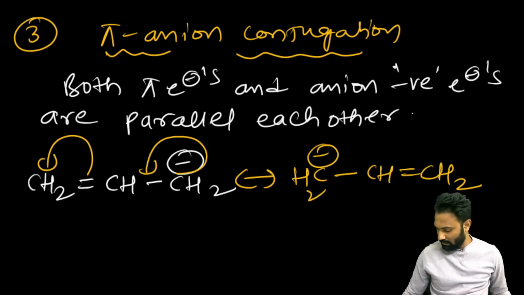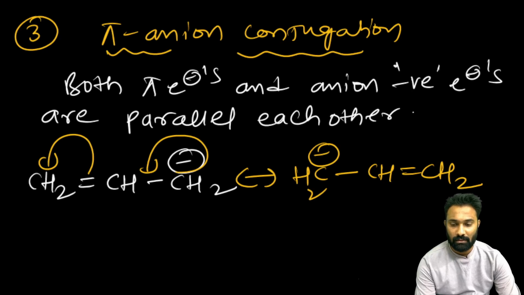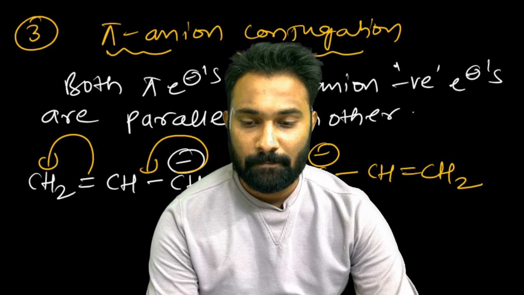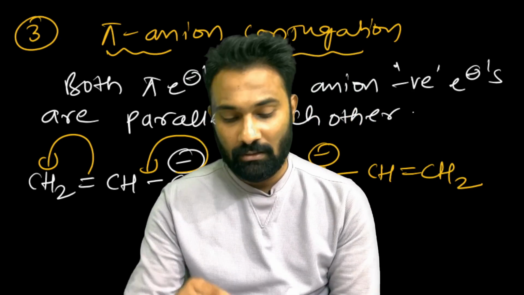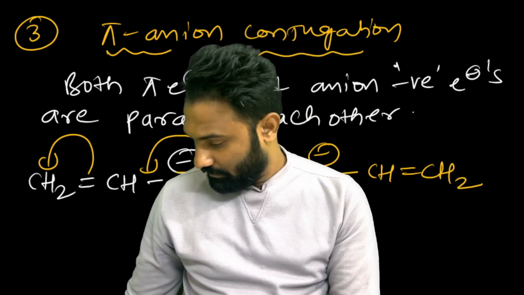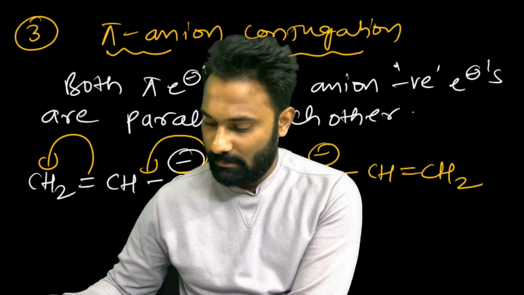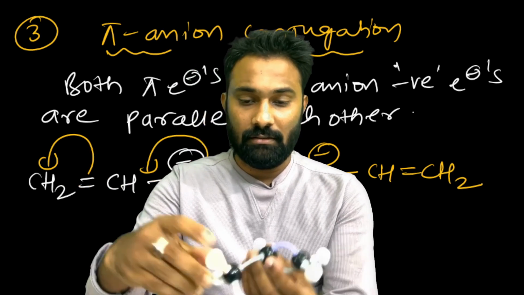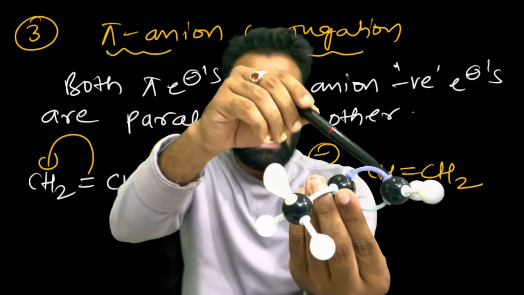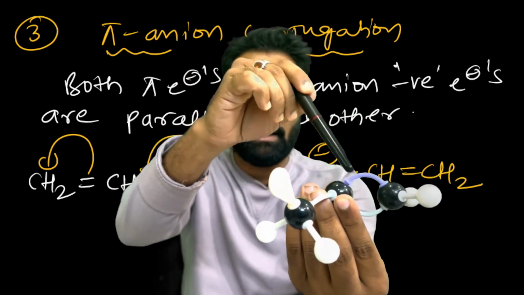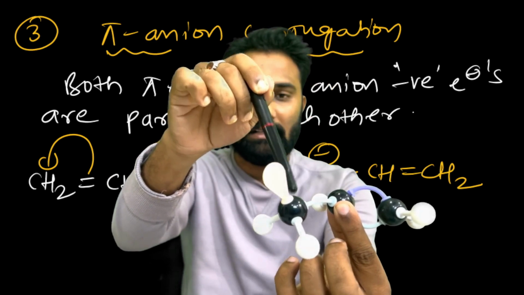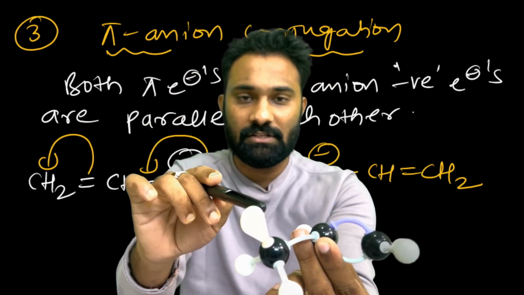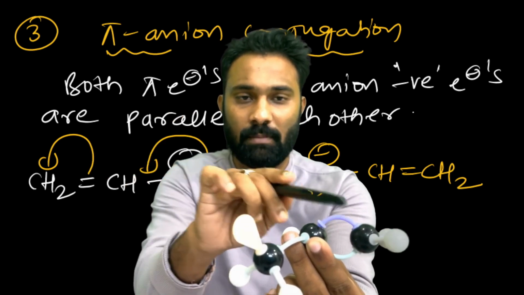Now let's see with the molecular model. Here you can see this is a carbon with two hydrogens, one sigma, one pi, and this carbon has a sigma bond, two hydrogens, and a lone pair, right? Now you see this lone pair and this pi bond are both parallel to each other.